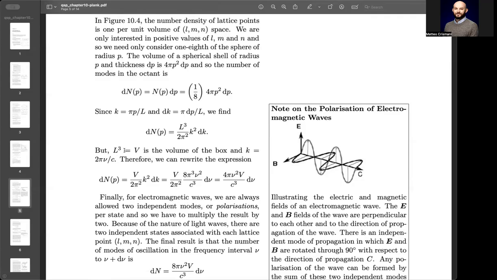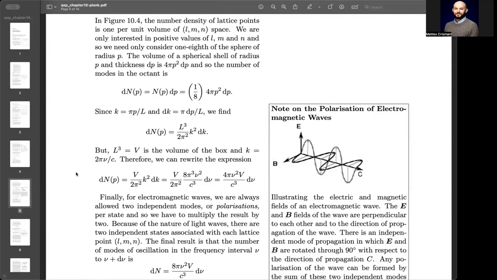And of course, L cubed is V, so you can write that as the volume of the box, right? And this is nice because if we have anything that has a volume and then later on we divide by the volume, then it'll just get rid of this V. So we're going to hold it like that. And we're going to rewrite this equation in terms of here's your ks and here's in terms of your frequencies. Okay. And then they just clean this up a little bit.